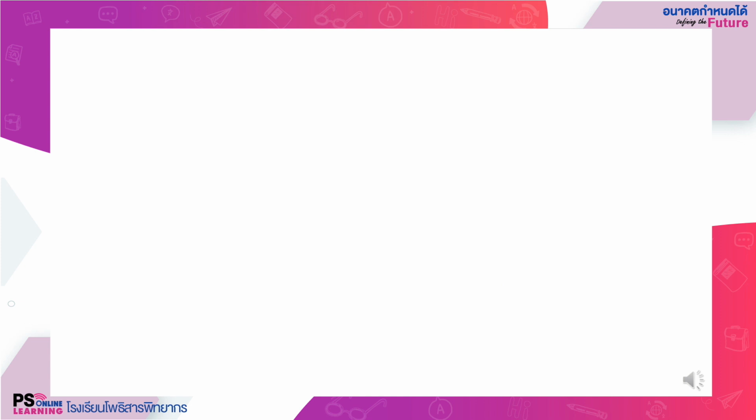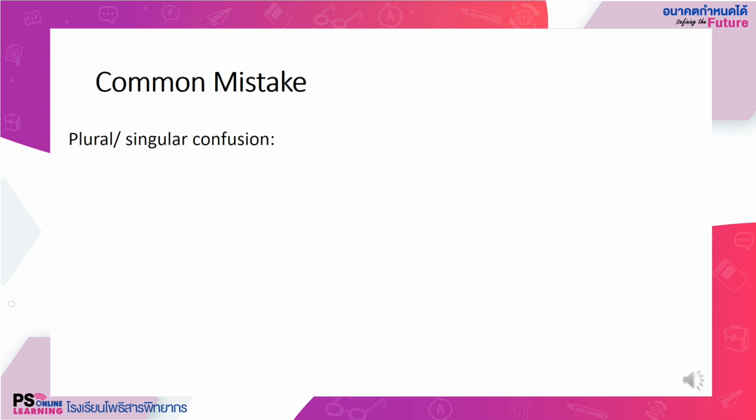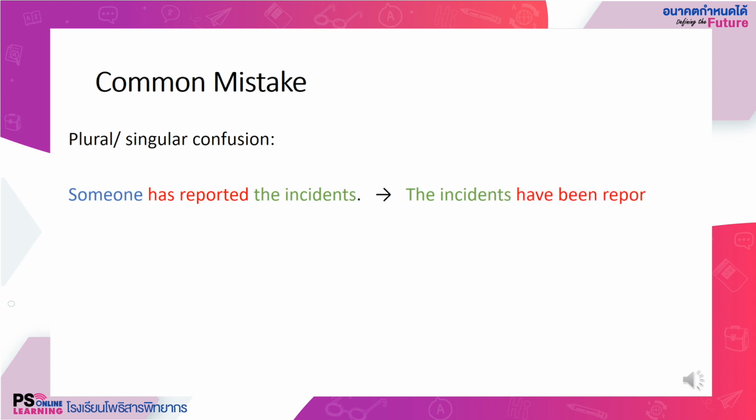All right, be careful with a common mistake that most of the students make when they are making passive sentences. Plural singular confusion. For example, someone has reported the incidents. The incidents is a plural word here, so when it comes to the beginning of the passive sentence, the incidents have been reported.